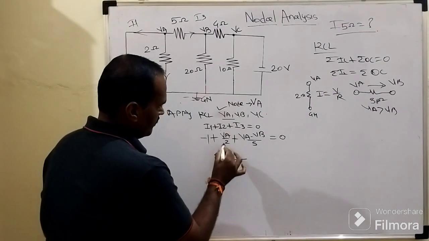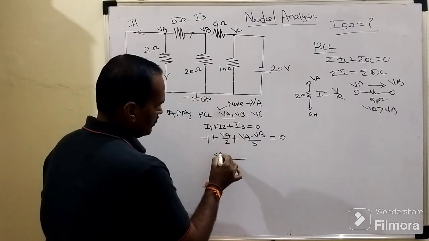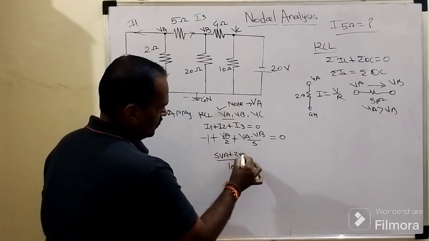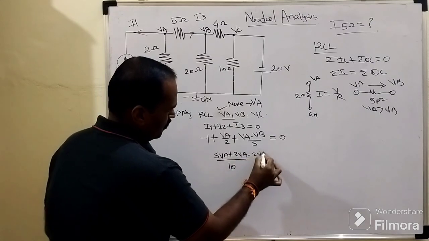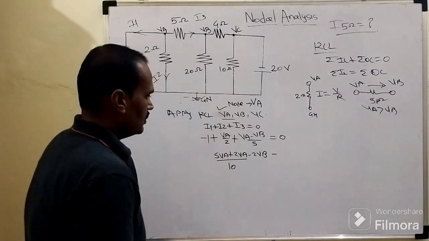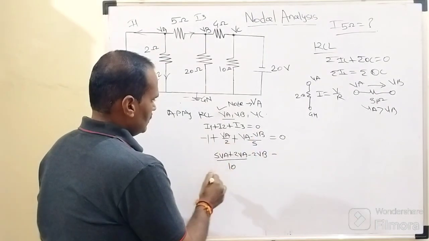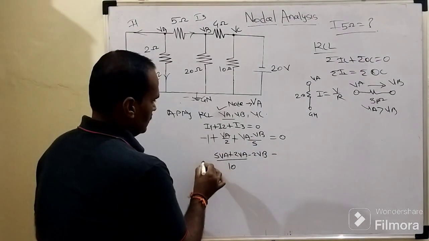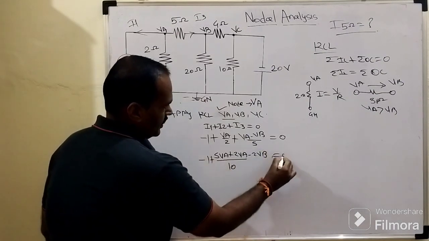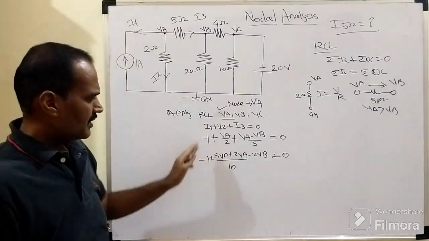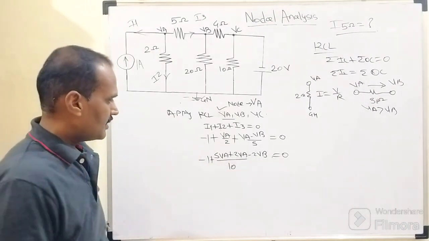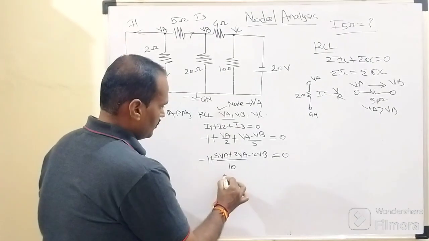So it will become 5 VA plus 2 VA minus 2 VB equals -1 plus the whole term equals 0. I am keeping this -1 as it is initially because first this 10 will get multiplied with this 0. So our equation will become what here?